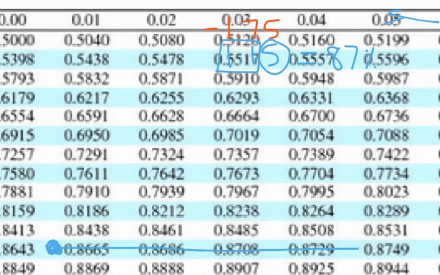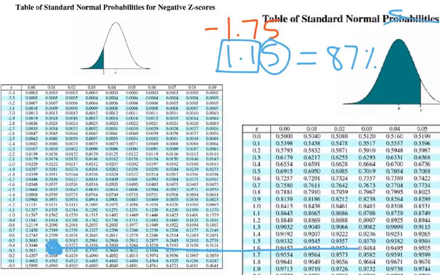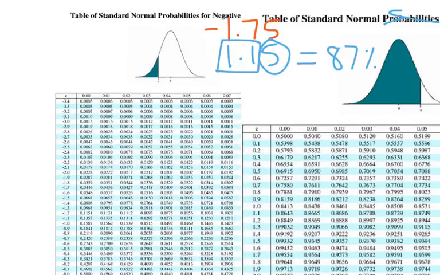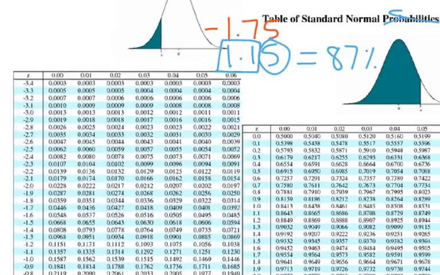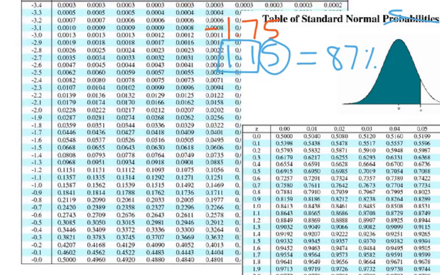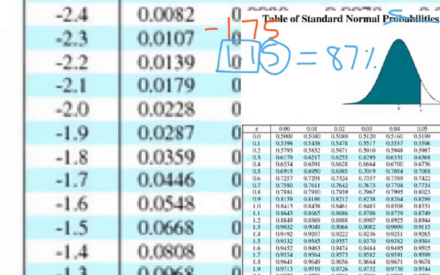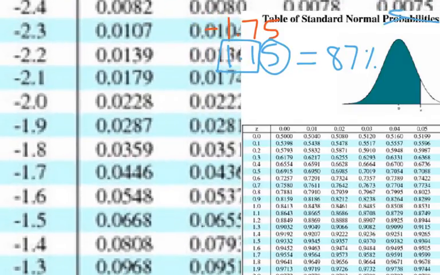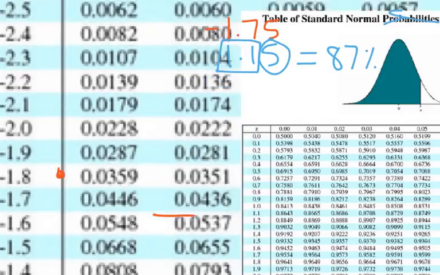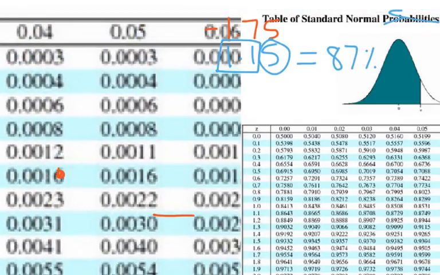Now, for the negative 1.75, we're doing the same thing, but this time we've got to get the negative version. Okay, so we grab our other one, or flip the paper over. Okay, now we're going to negative 1.75, so negative 1.7 first. So negative 1.7 is right here. And then we need to go to the 0.05.